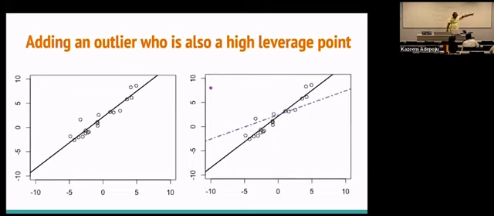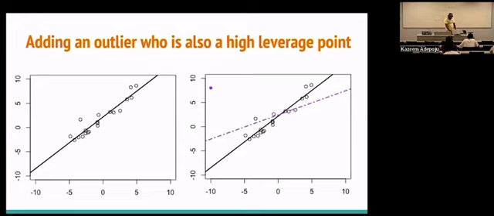In the second one, there's an outlier, and that very outlier is also a high leverage point. These are scatter plots, and that is where you start from when you are trying to characterize a relationship.